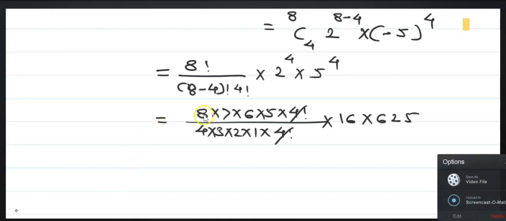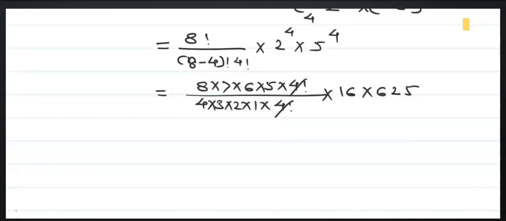This is the calculations. 8 factorial means what? 8 into 7 into 6 into 5 into 4 factorial. These 4 factorials get cancelled and 4 factorial is expanded as 4 into 3 into 2 into 1. 2 raised to 4 is 16. 5 raised to 4 is 625. This is the calculation that you have to perform. Too much calculations are here.